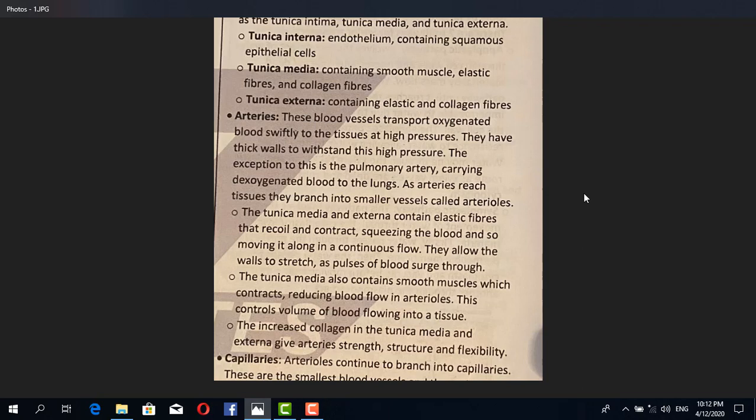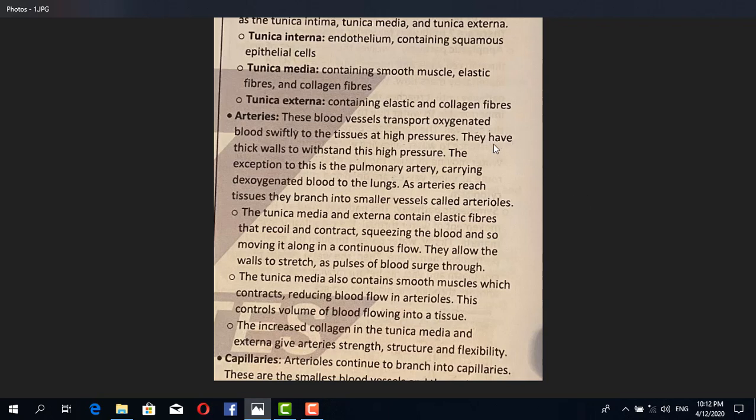They transport oxygenated blood, but sometimes arteries will have the role of delivering non-oxygenated blood. I'll tell you about that later on when we explain it on the heart image.